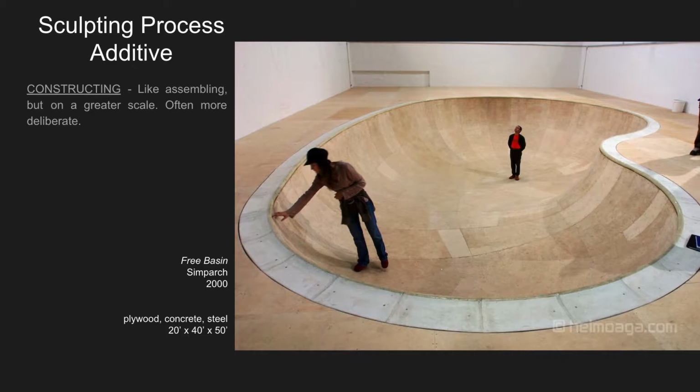Constructing is where you have a plan, you have an idea, and you really build it in a very meaningful way. So that would be akin to building a house, or in this instance, a skate park.